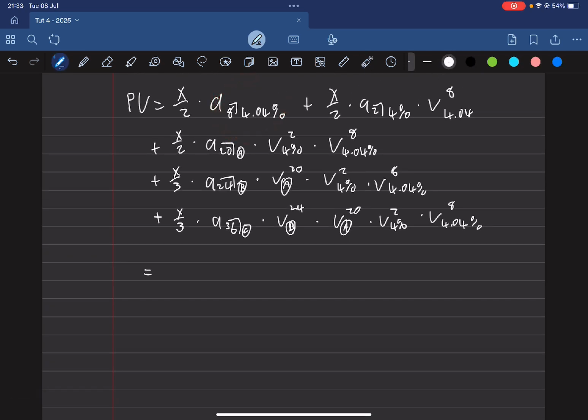And I get x over 2, I'll write it out to, let's say, 5 decimal places, times 6.72164 plus, so basically that's what that simplifies to.